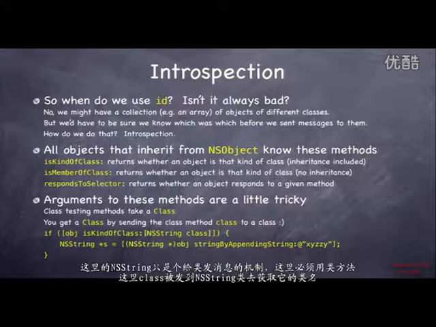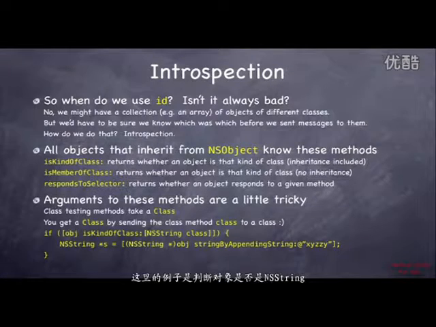NSString, when you type it in there like that, is really just a mechanism for sending a message to the class. So you need to use that class method. This is the class method class being sent to the class NSString to get its class. Got that? That's why I say just take my word for it. But anyway, this is the form you use to find out if something is a string: object isKindOfClass, square bracket, and a string class.